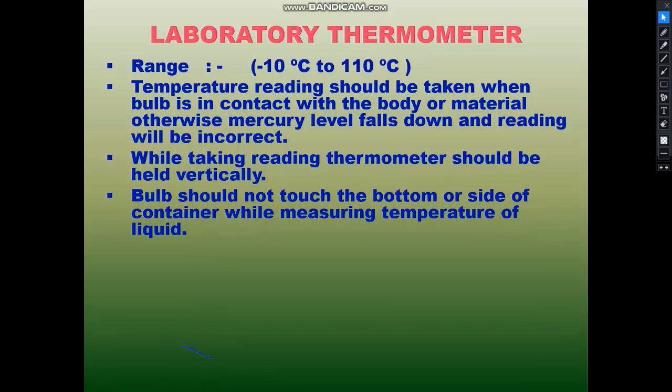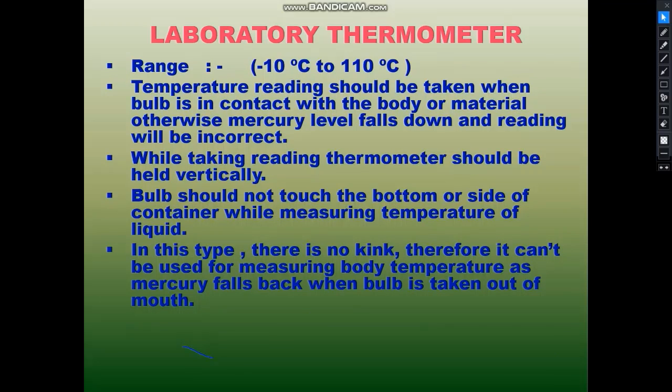The bulb should not touch the bottom or the side of the container while measuring the temperature of the liquid. In this type of thermometer, there is no kink. Therefore, it cannot be used for measuring body temperature, as mercury falls back when the bulb is taken out of the mouth.